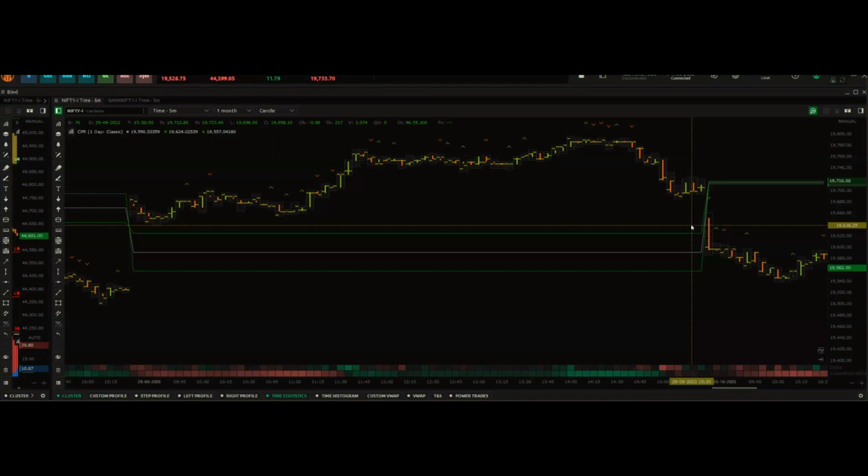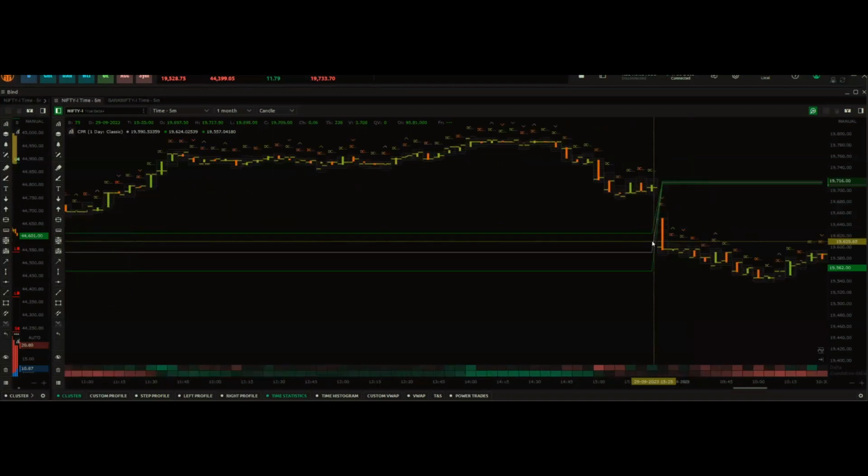So what happened the previous day? The previous day we were trading above CPR. It was a decent uptrending day in Nifty where we witnessed some profit booking, but the overall structure and context of the markets on 29th September was to the upside, right?